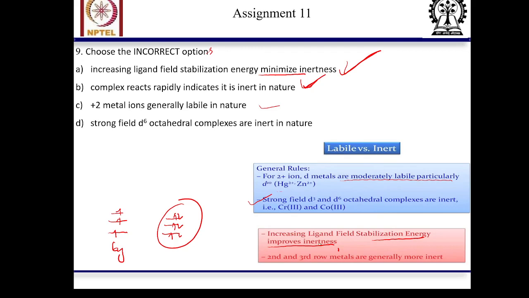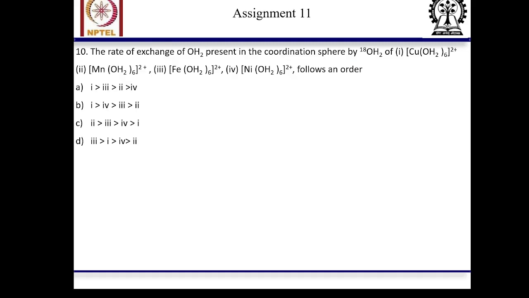Okay, clear? Can I go to the next question? The rate of exchange of water present in the coordination sphere by 18OH2 of copper, manganese, iron, nickel follows which order?